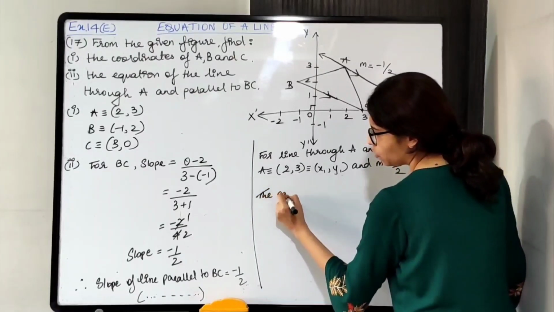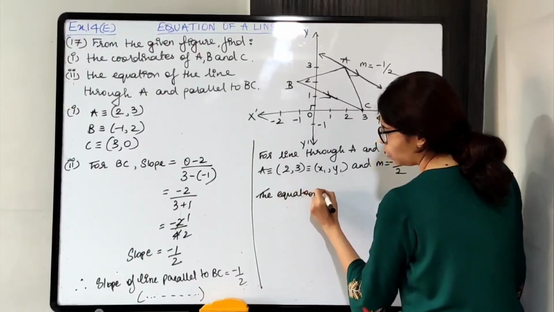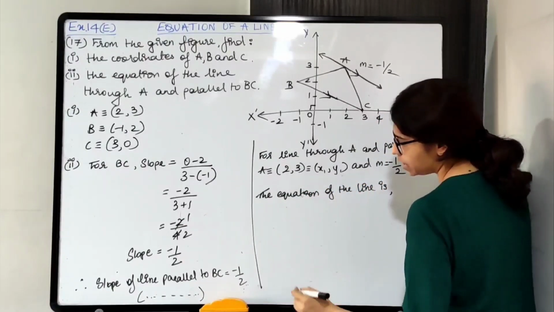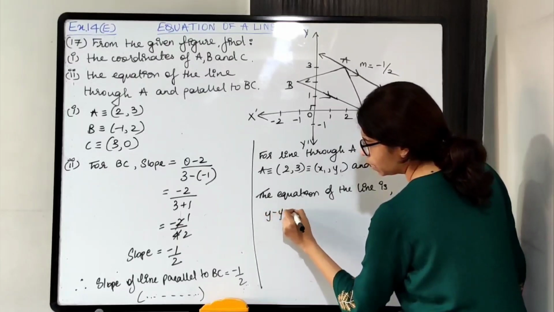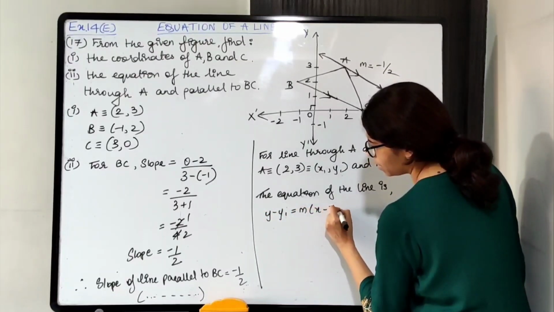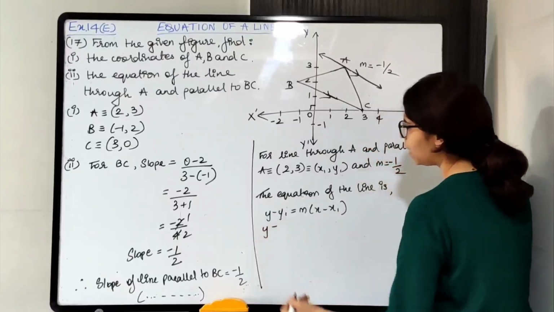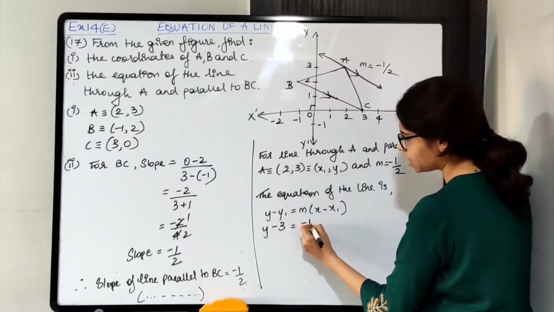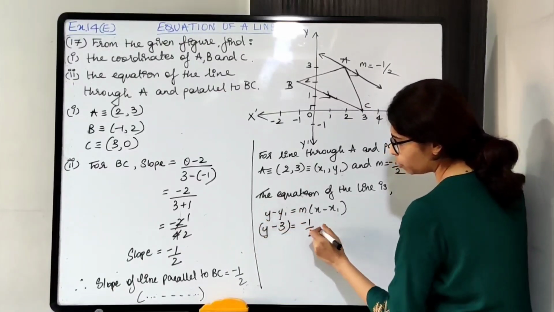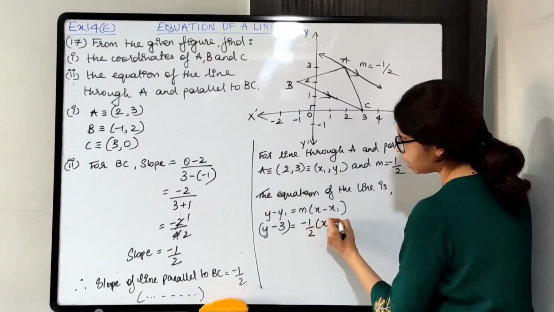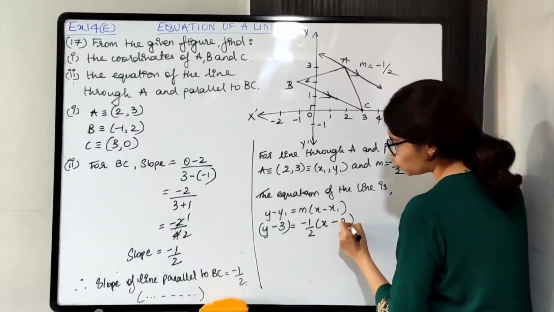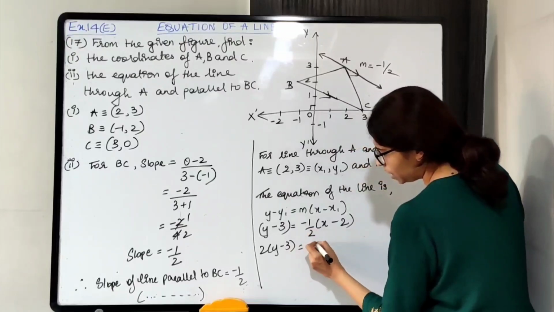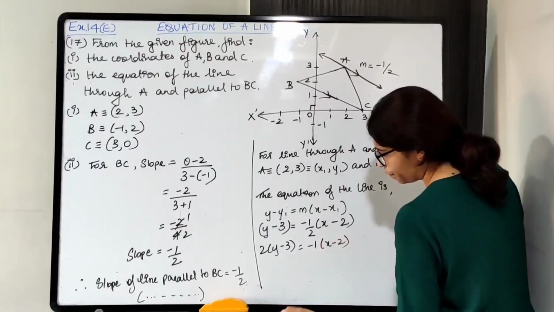The equation of the line is y minus y1 equals to m into x minus x1. Put the values. y1 है 3, m है minus half, put brackets because यहाँ पे 2 shift करेंगे, x minus x1 is 2. So 2 into y minus 3 equals to minus 1 into x minus 2.